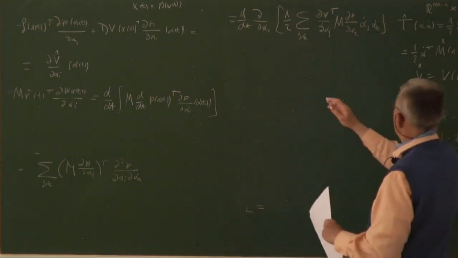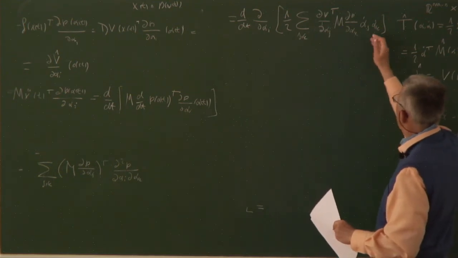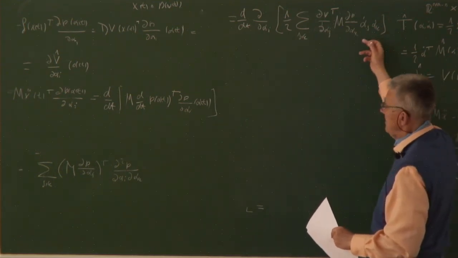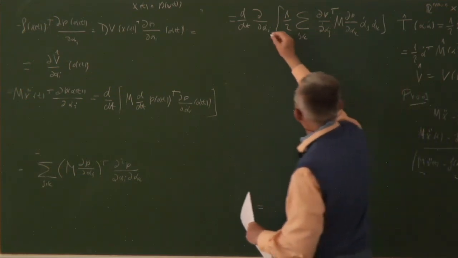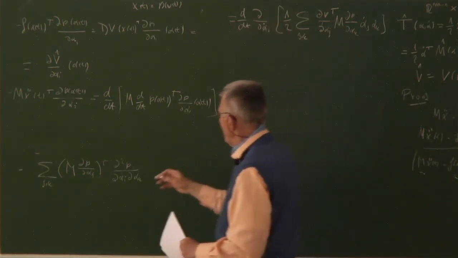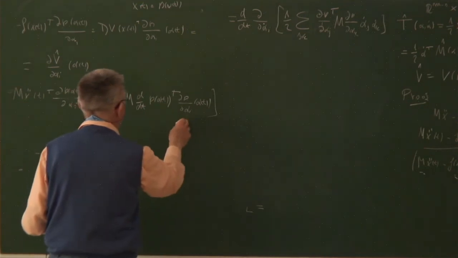You just differentiate with respect to these variables, a quadratic function, and differentiating gives a linear one. And that's what it is.